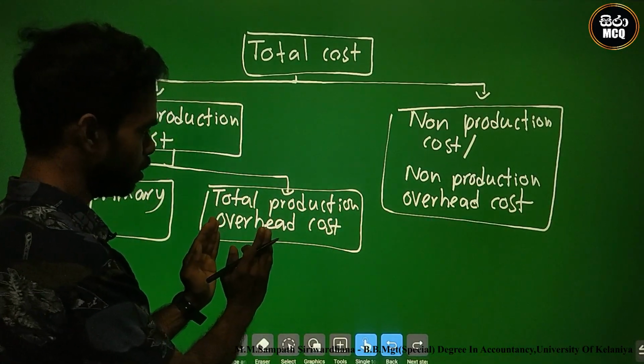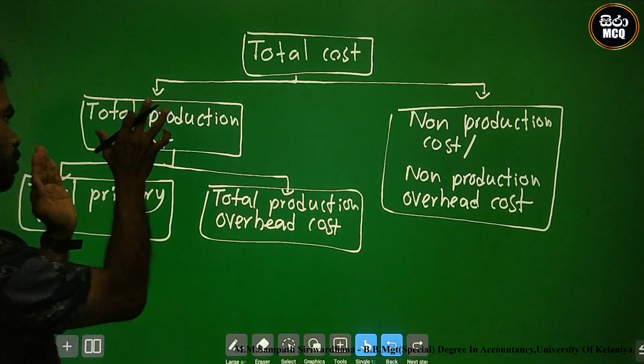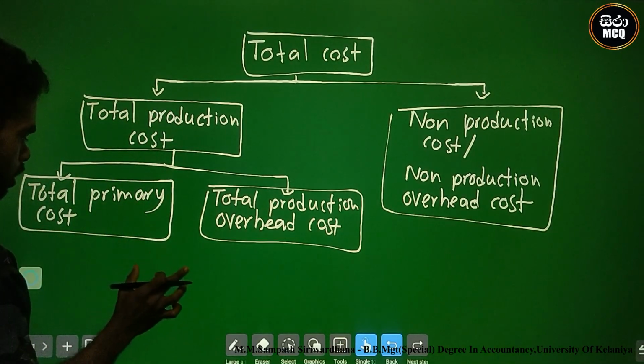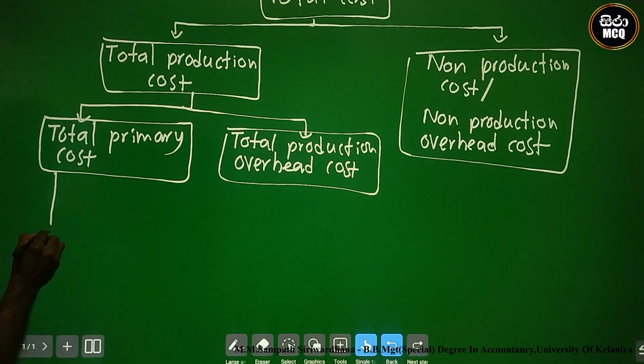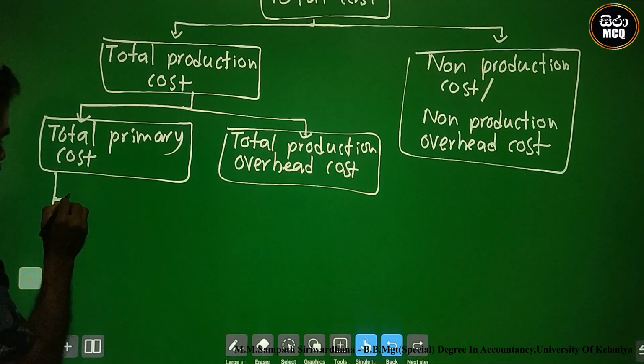The production overhead costs are indirect costs related to total production cost. After that we can categorize total primary cost into three categories. What are they?